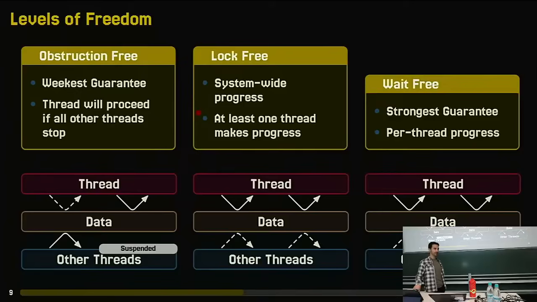Also, if you think about a queue where we have a head and a tail pointer, just using this compare and swap algorithm could lead to a new element being added, but the tail pointer still points to the element above it, because there are two operations that need to succeed. The addition is one compare and swap, and the update of the tail pointer is one compare and swap.